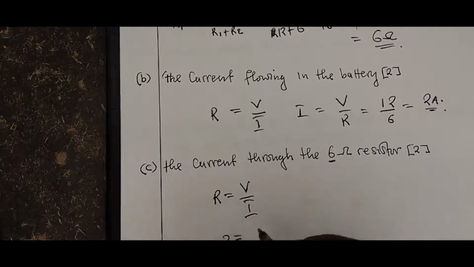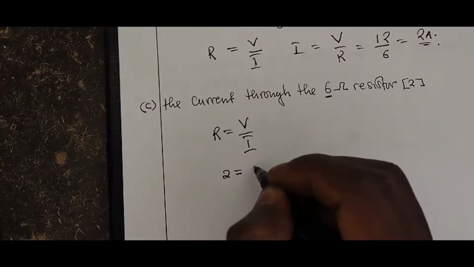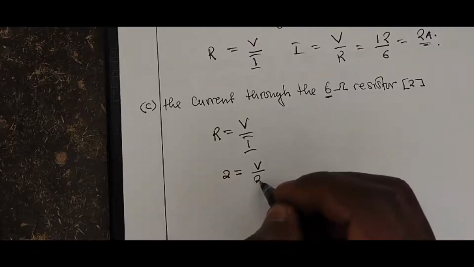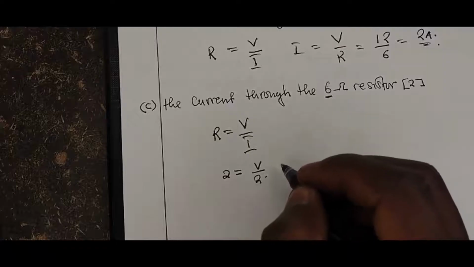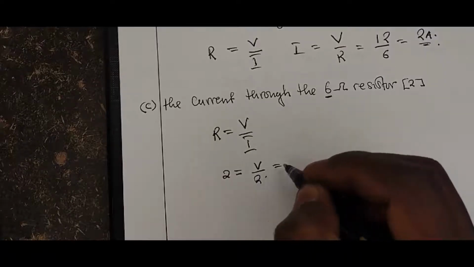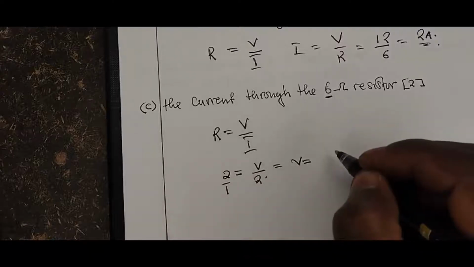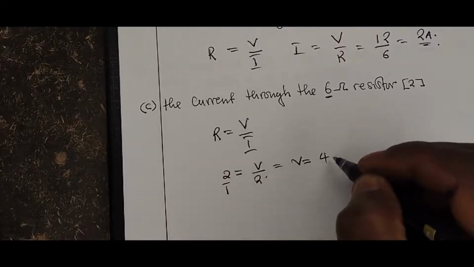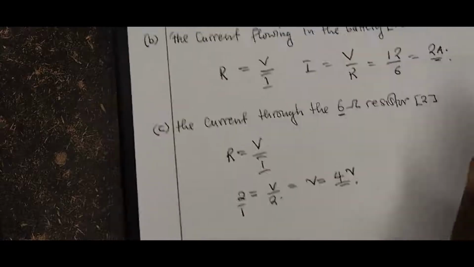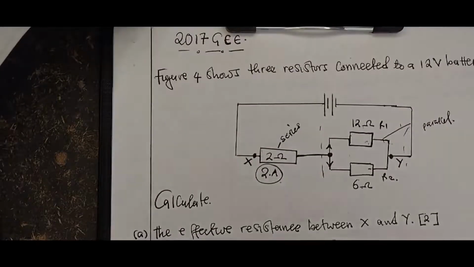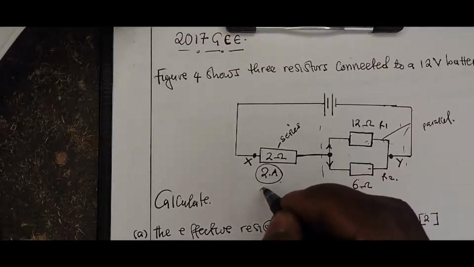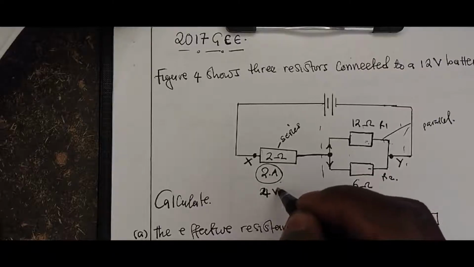The voltage is the one that we are looking for, but the current we are sure is 2, because current in series is the same, and therefore the voltage through the 2 ohms resistor is equal to 4 volts. This is the voltage for here, okay? Current 2, voltage 4 volts.